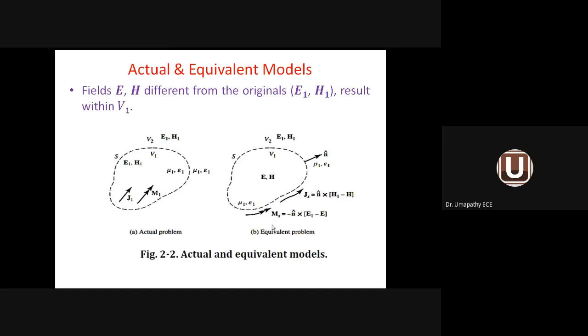So for that, we are considering the current density and the magnetic current density available over the surface of the volume V1, by which we are able to find out the values E1 and H1. So we are converting the actual problem into the equivalent problem, by which we are able to determine the radiation characteristics of the aperture antenna. This principle is called Huygens principle or field equivalence principle.